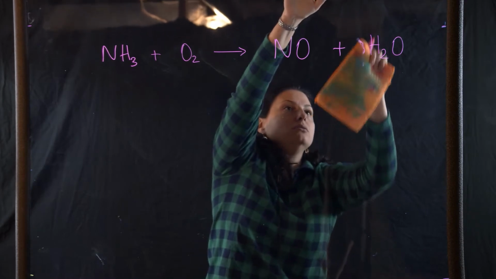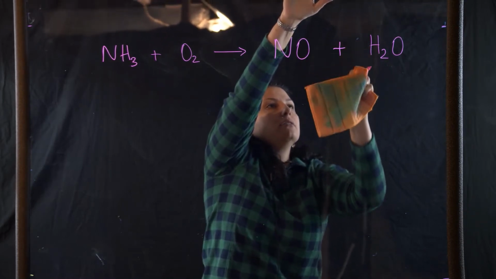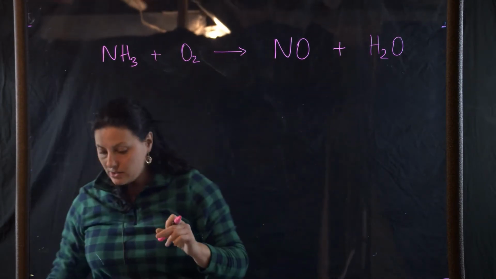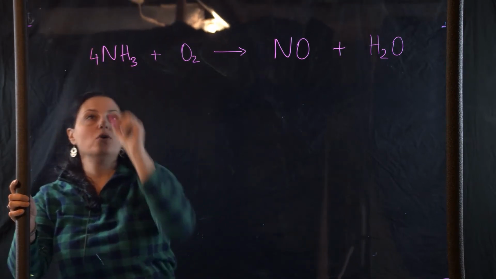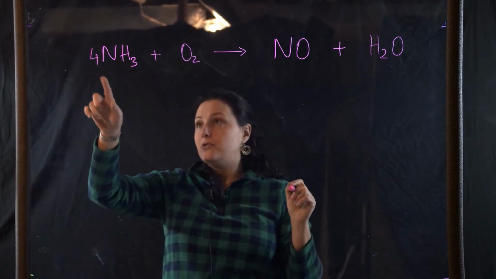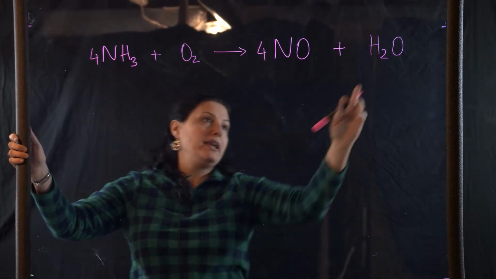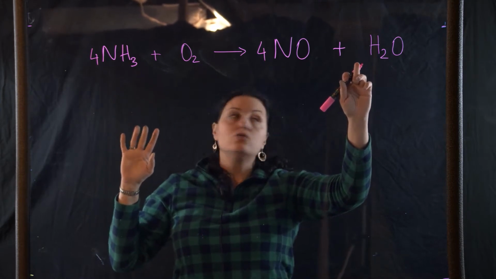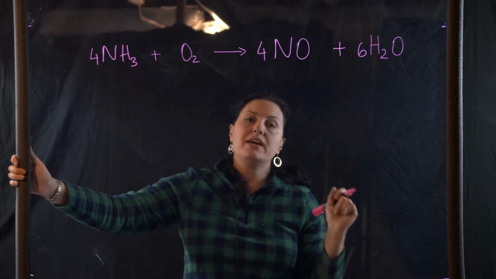Okay, so if I multiply everything by 2, I have a 4 here, 4 nitrogens, and then I had a 3, so 4 times 3 is 12, and I put a 6 here, 6 times 2 gives me 12.